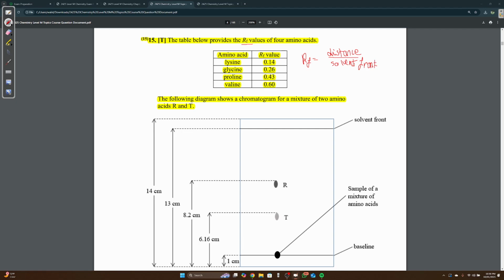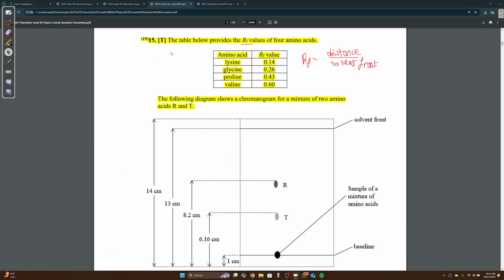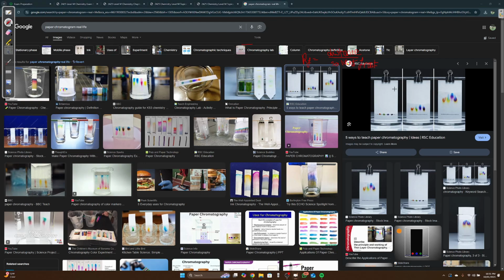Here's a common mistake people make, and what I did earlier was divide by the length of the paper. When you have two distances like this, 13 and 14, you're going to ask yourself, which one do I take? Many people are going to take 14 because they're going to say that's the length of the paper. Okay, what's the solvent front? I'm going to give you an example.